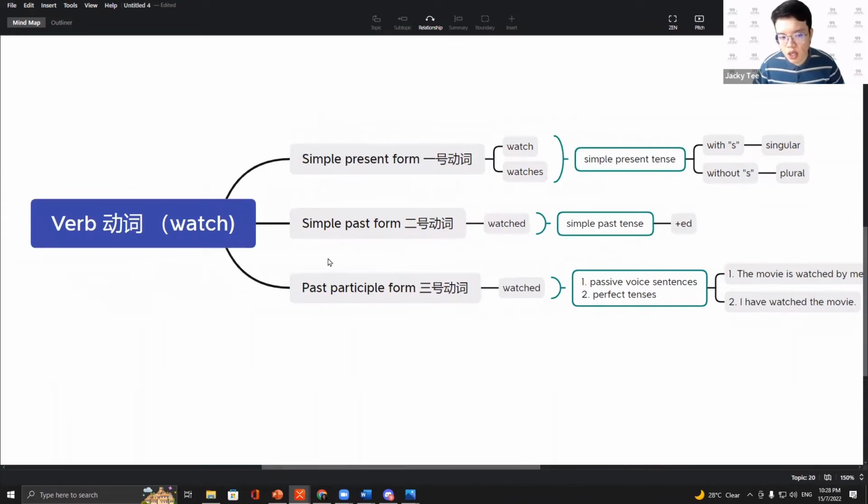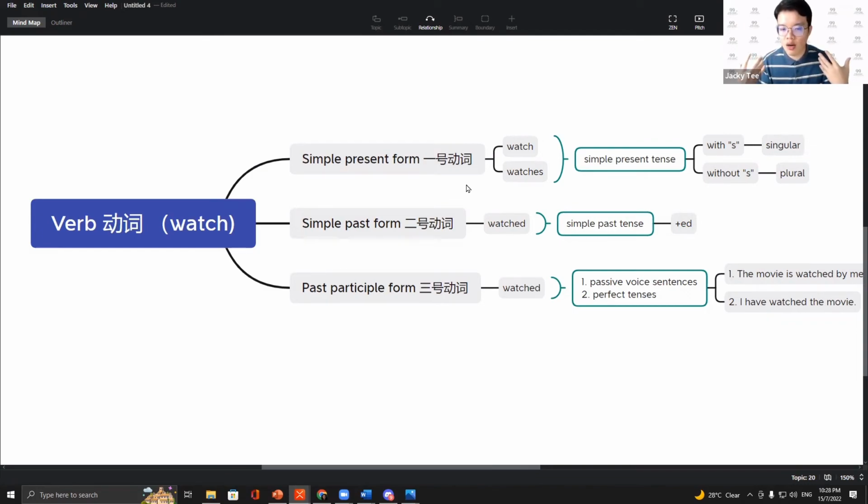So no matter how it turns, no matter how it transforms, in a different form or in a different version, it came from a root word, which is watch. All right, watch. That is a root word. That is the parent of all these different word forms. Okay, that comes from a single root word.